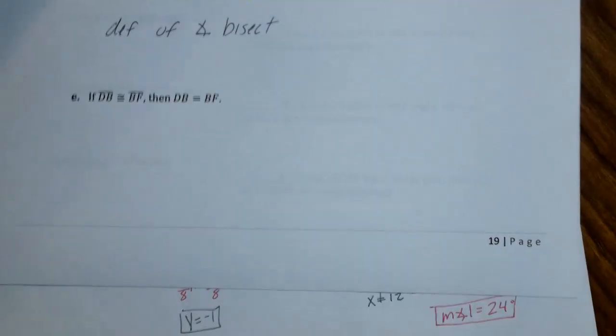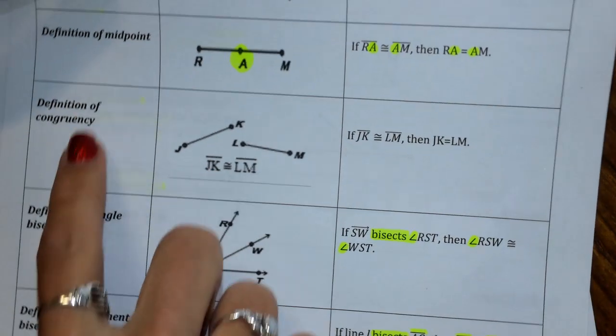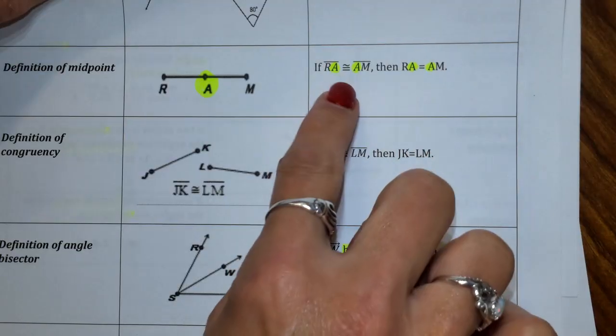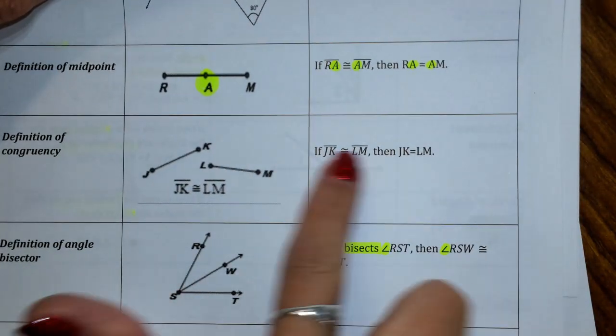Letter E, we are looking at segment DB. If segment DB is congruent to segment BF, then the length or measure of DB is equal to the length or measure of BF. So with these two, we're looking at either definition of midpoint or definition of congruency. Remember, you're looking for a shared letter. If they do not have a shared letter, it's congruency.